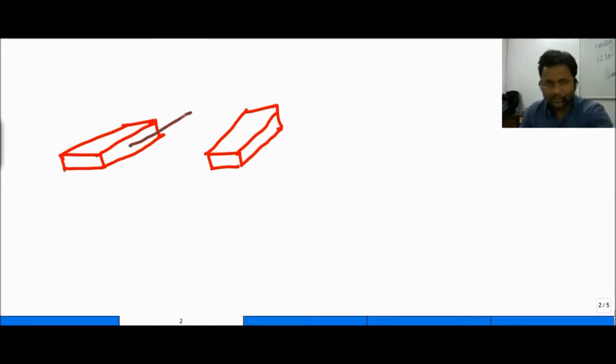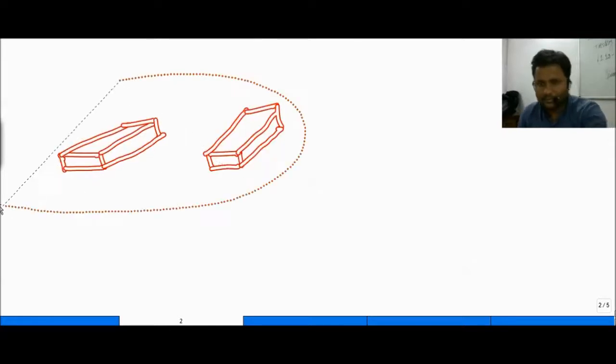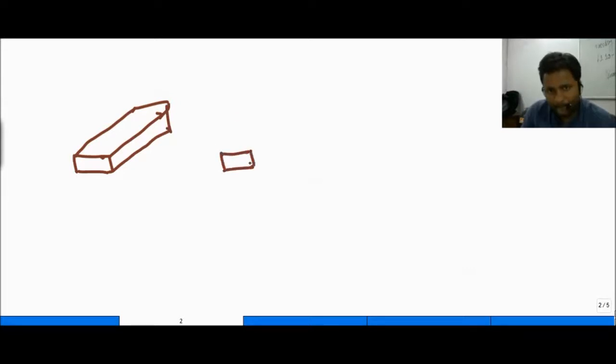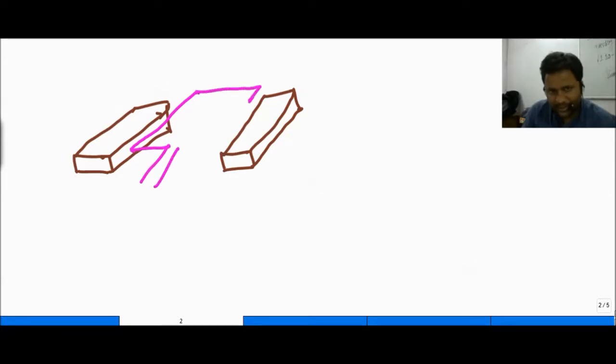I think I have to draw it again for the sake of explanation. This is the wire which is fitted, rectangular in this fashion.